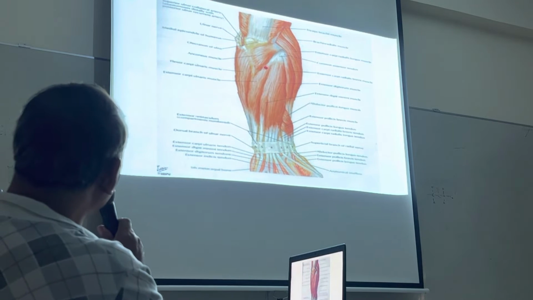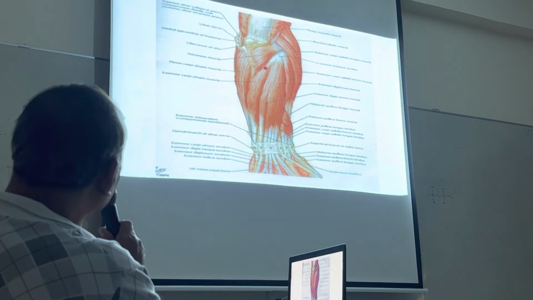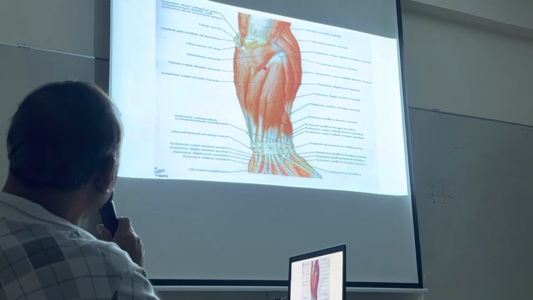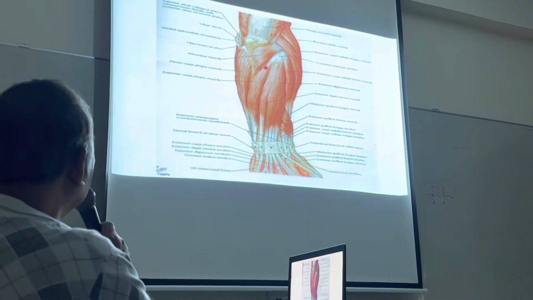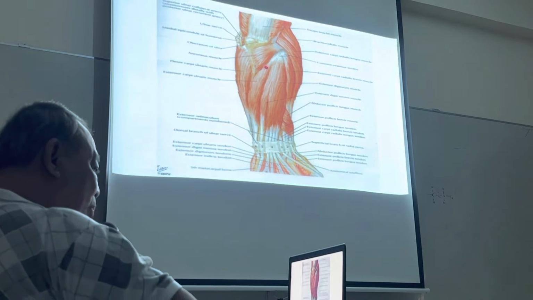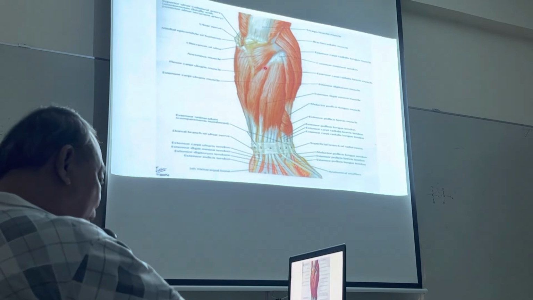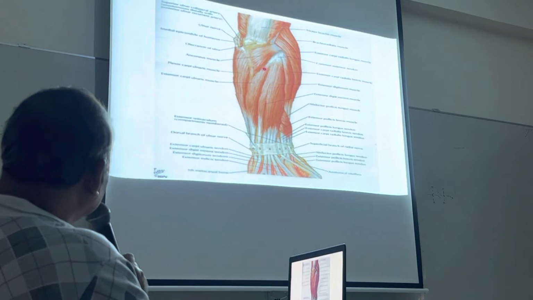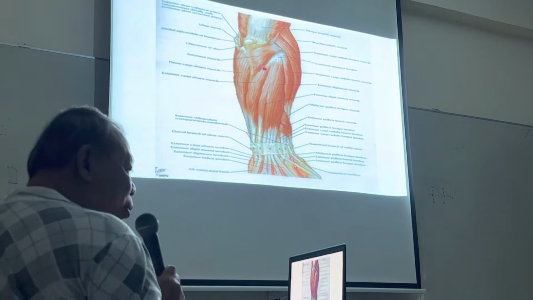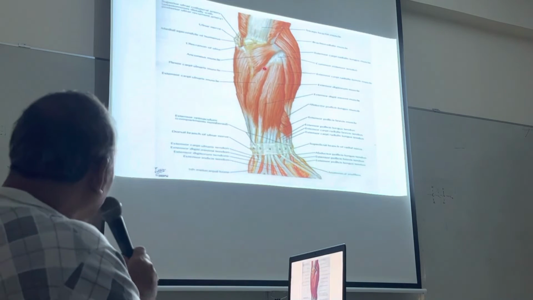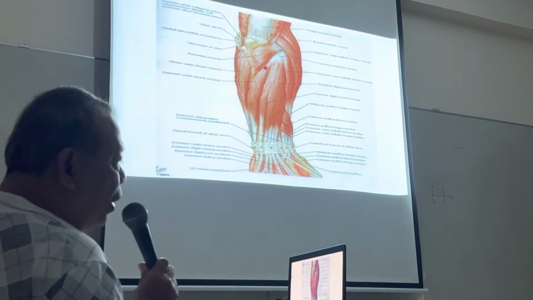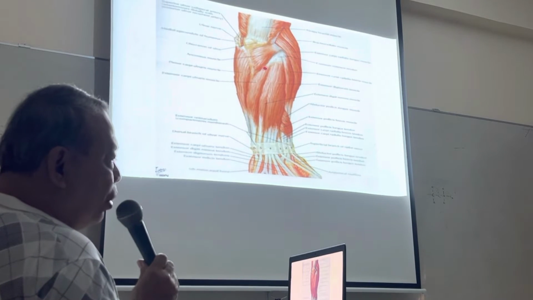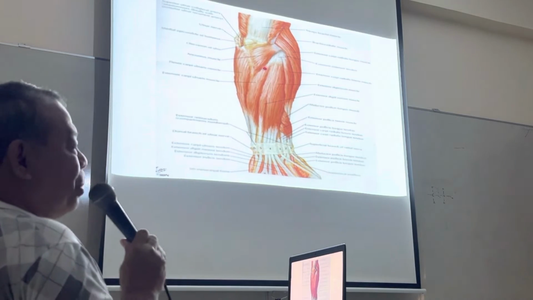So we'll start with extensor carpi ulnaris. When we say carpi ulnaris, is it the lateral or the medial side? In the anatomical position of the upper extremity, carpi ulnaris is on the medial side. And it's extensor, meaning it will extend. Carpi, it's either in the carpal bone or in the metacarpal.